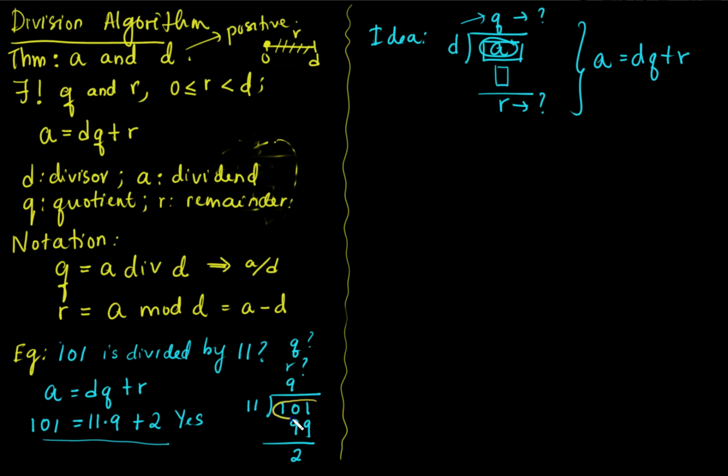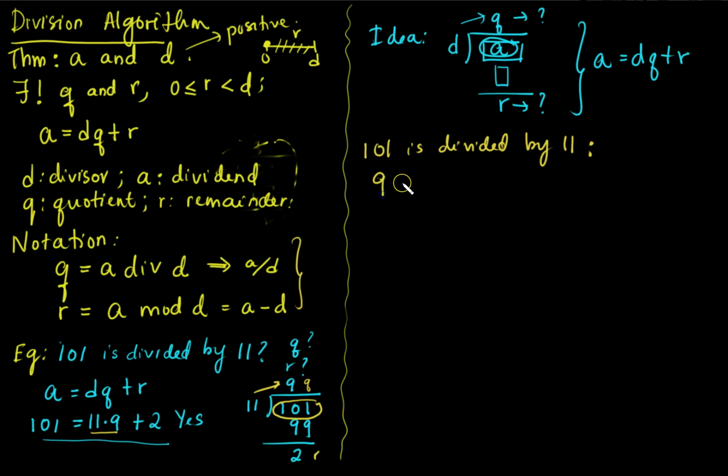A is 101 equals 11 times 9 plus the remainder 2. So your quotient is 9, your remainder is 2. And the way you would write it using these notations that I just said is, when 101 is divided by 11, what's the quotient?